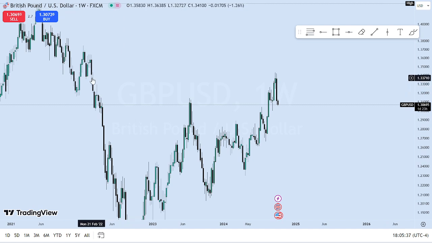Here now we have a void, a volume imbalance. This is a weekly volume imbalance. It's a void, it's empty, so it's an inefficiency in the market.